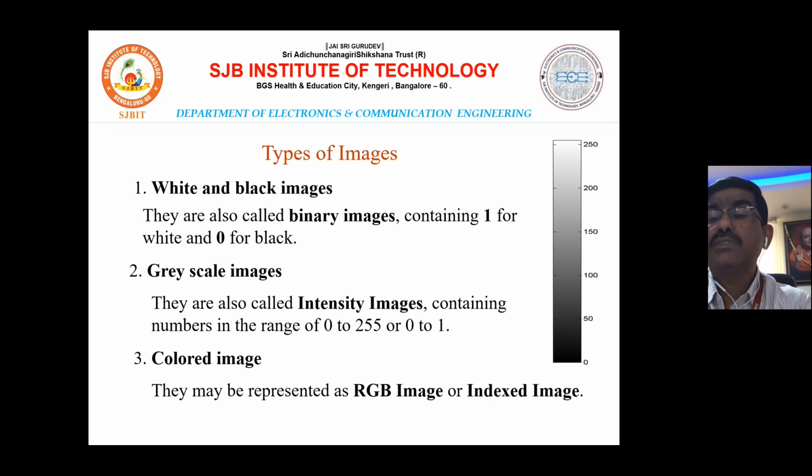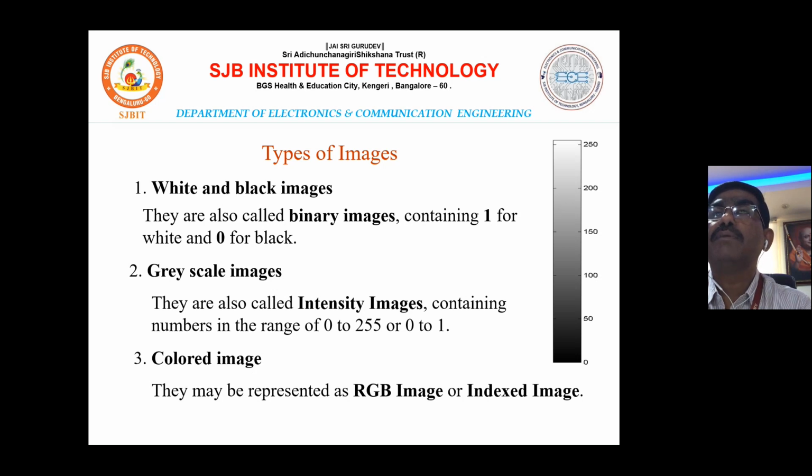Now, once we are clear about the definition of digital image, we look into the different types of images. Mainly, we have three types of images. One is white and black images. A few decades back, pictures or any kind of images were only white and black.